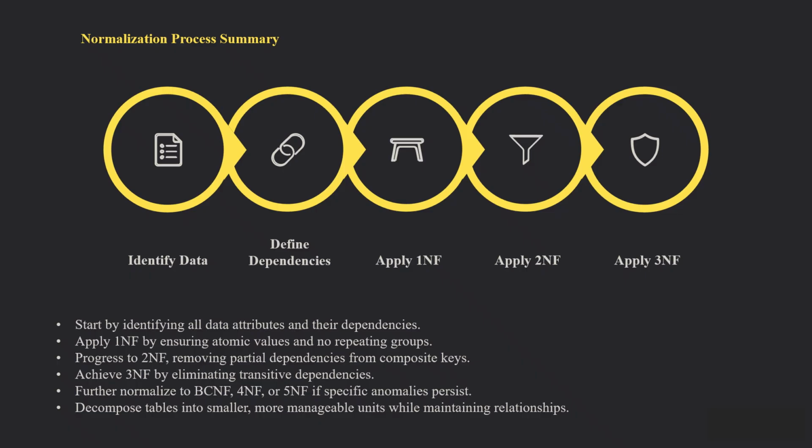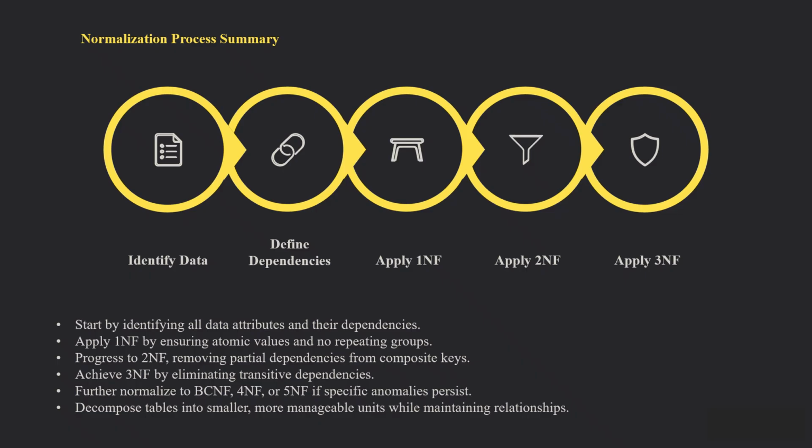Normalization process summary. Identify the data and define the dependencies, apply first normal form, then second normal form, and at last apply third normal form.